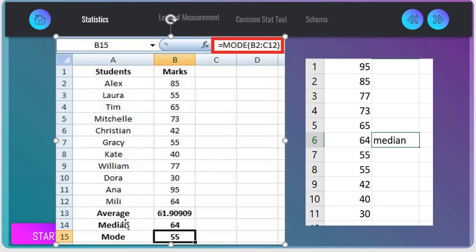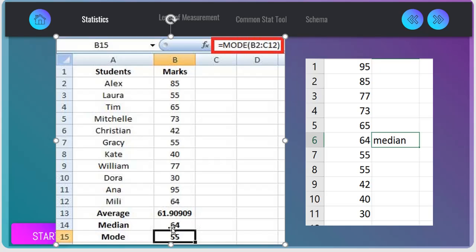Now to get the mean, which is the average, we have to add up all the scores and divide it by the number of test takers. So there are 11 test takers. Our average in this example is 61.90909. That is our average or mean.